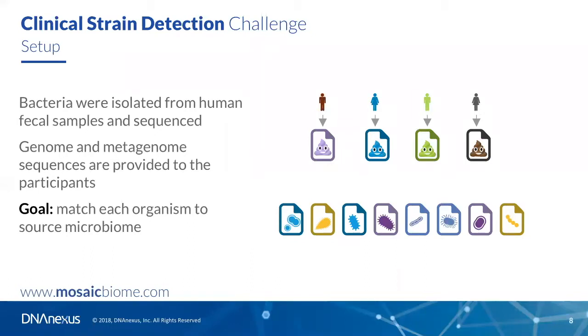This is what we give to you, the participant. We give you 40 isolate strain genomes and also 4 metagenome sequences. What we ask you to do is identify the source of each isolate bacterium. And we know the answers because we did the isolation.